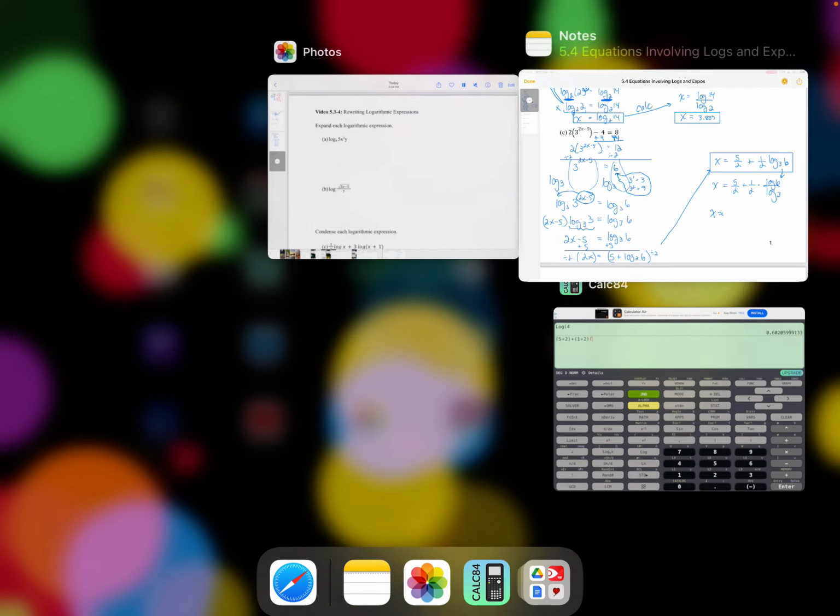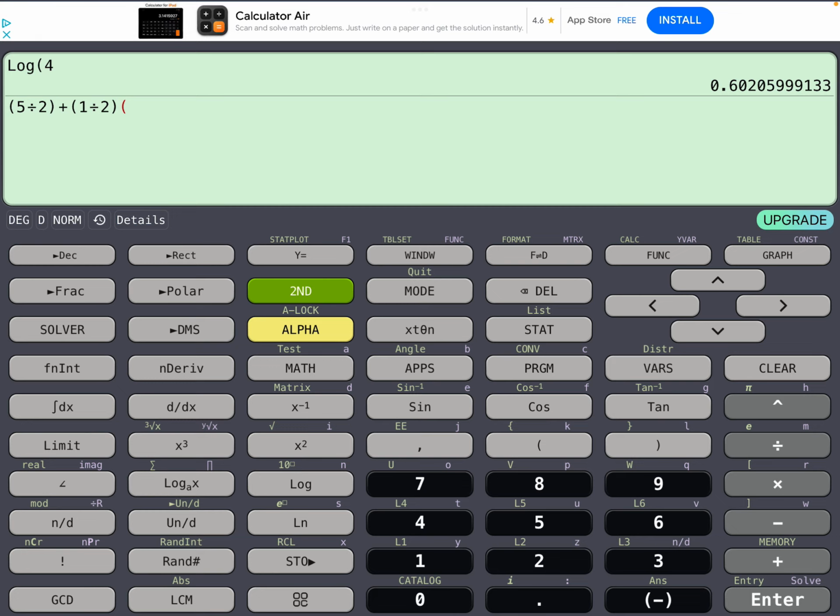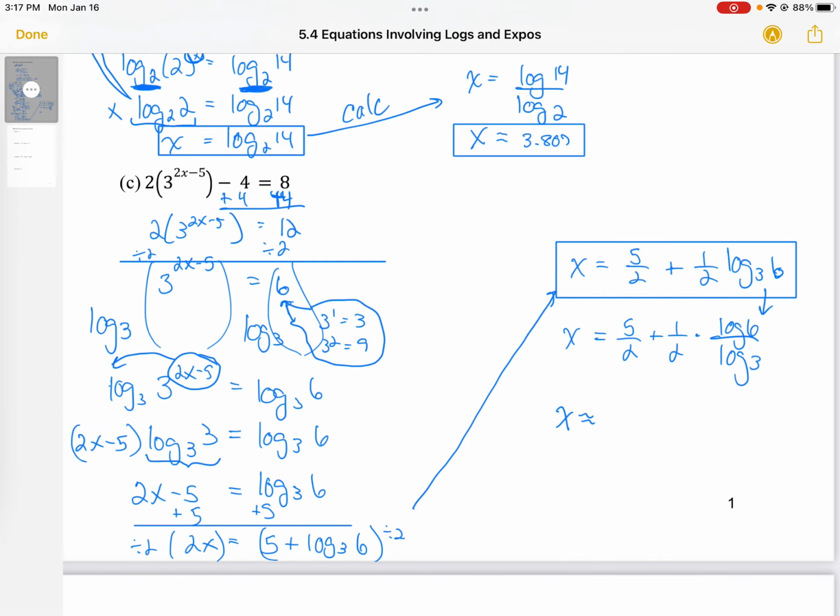Log 6 divided by log 3. Double up those parentheses, and I get 3.315. We'll say x is about 3.315, and that would be my answer using a calculator.